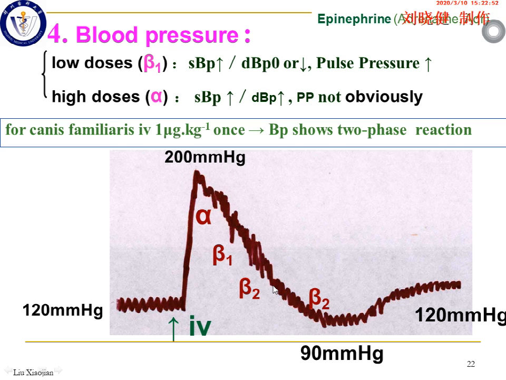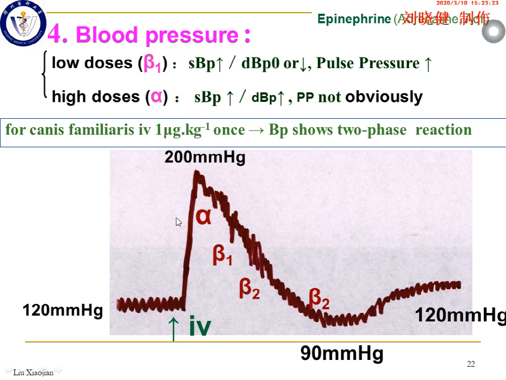and followed by decrease, even lower than the normal state. Now, actually, as time goes by, after a single intravenous injection, the drug in the body will have a rapid elimination. So the drug concentration of epinephrine changes with time.